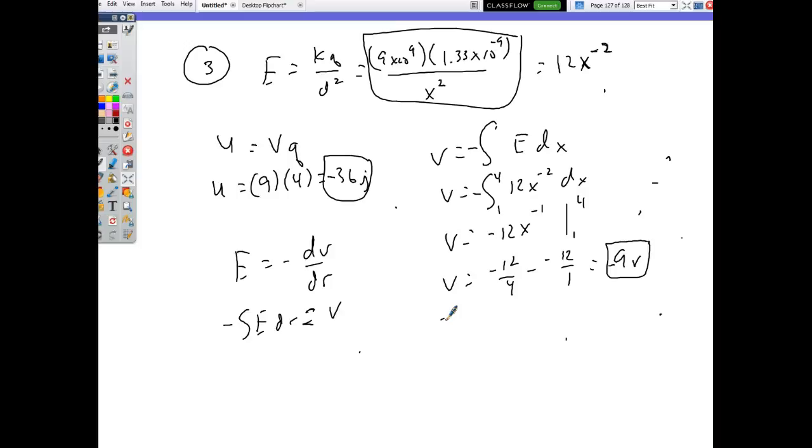Now, my personal advice is this. Think about the situation. Remember, you were already talking about a positive test charge. So what we should have done at the end of this problem, when I have a positive test charge and a positive charge, and I'm moving it that way, my voltage should be negative. I'm losing energy per unit charge.